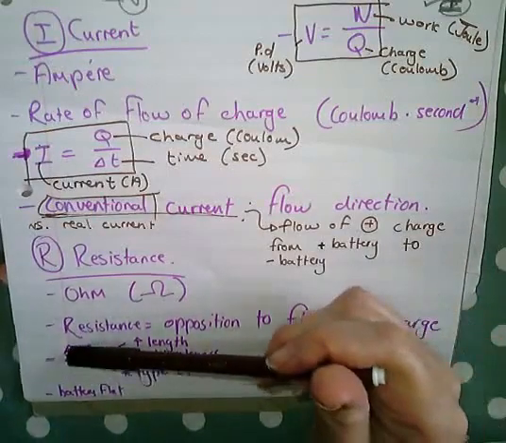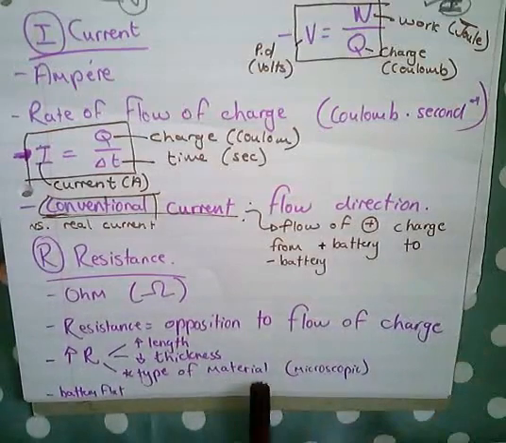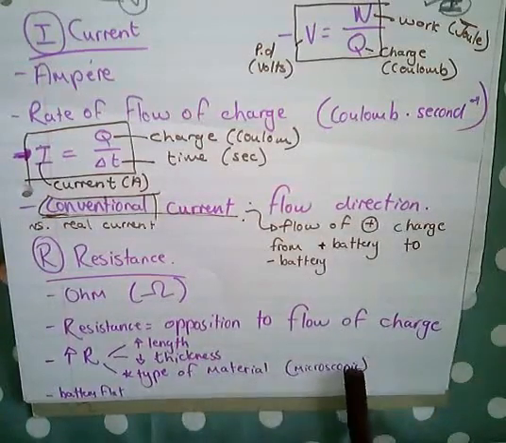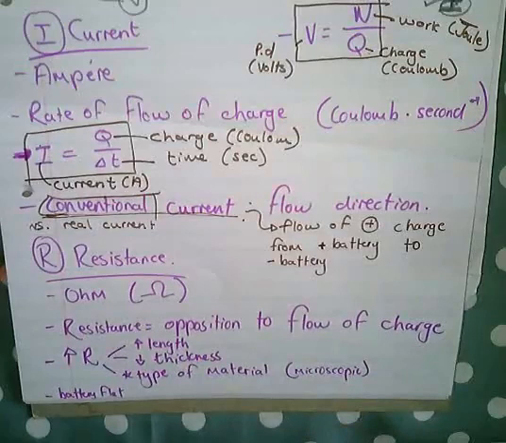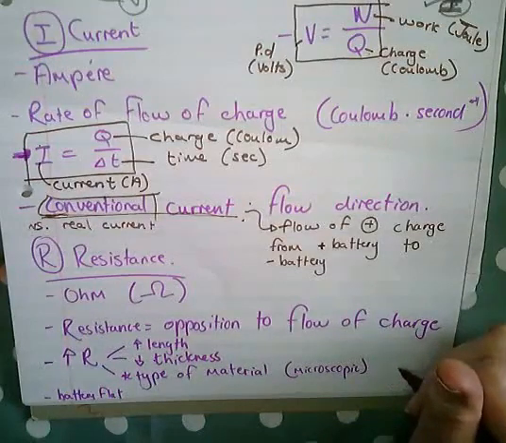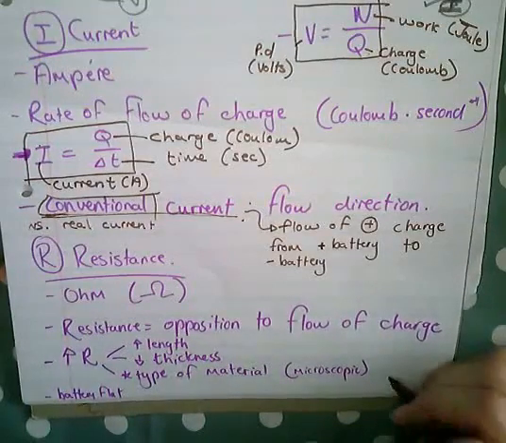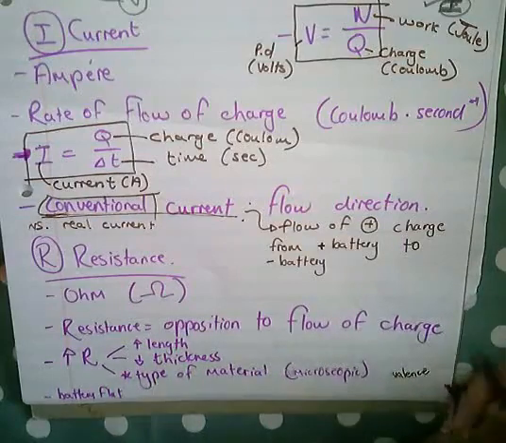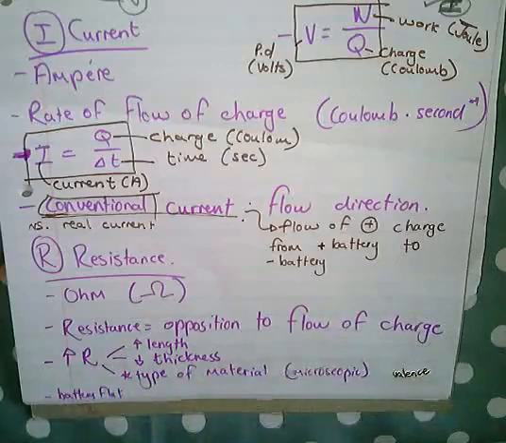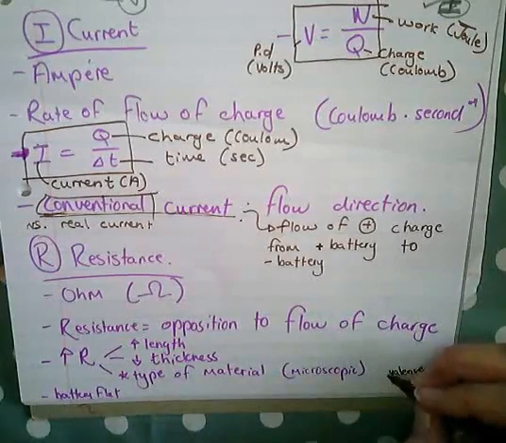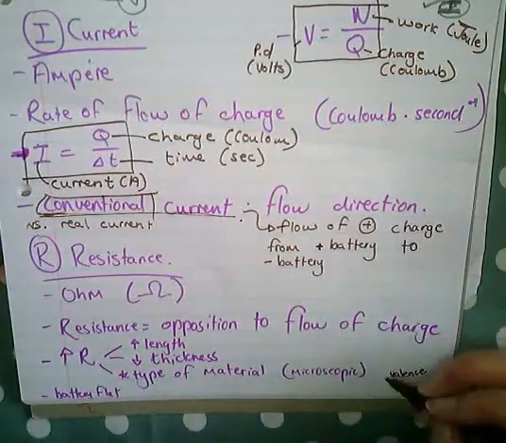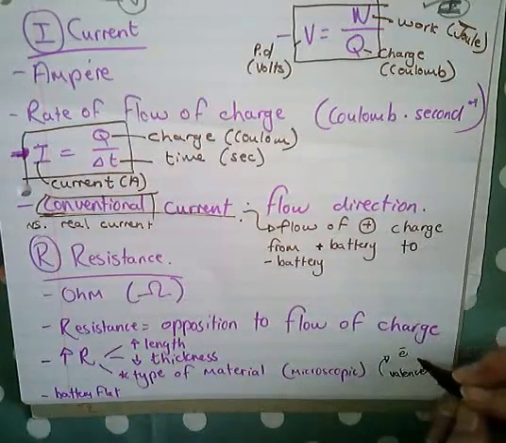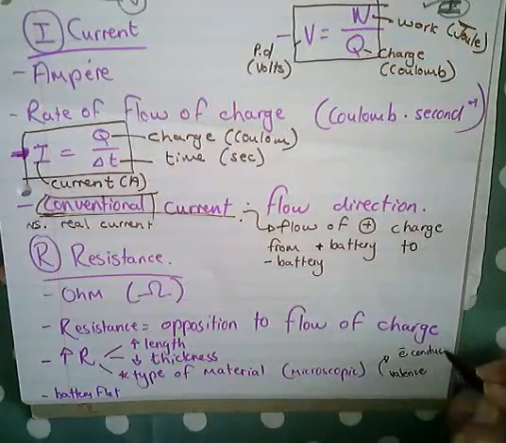And then the type of material has a microscopic effect on it, because some materials just have more. Well, basically what happens is you have what we call the valence band. Do you remember what the valence band is? It's the last energy level in which we find electrons. And then in order for electrons to flow, they need to move out of the valence band into the conduction band.